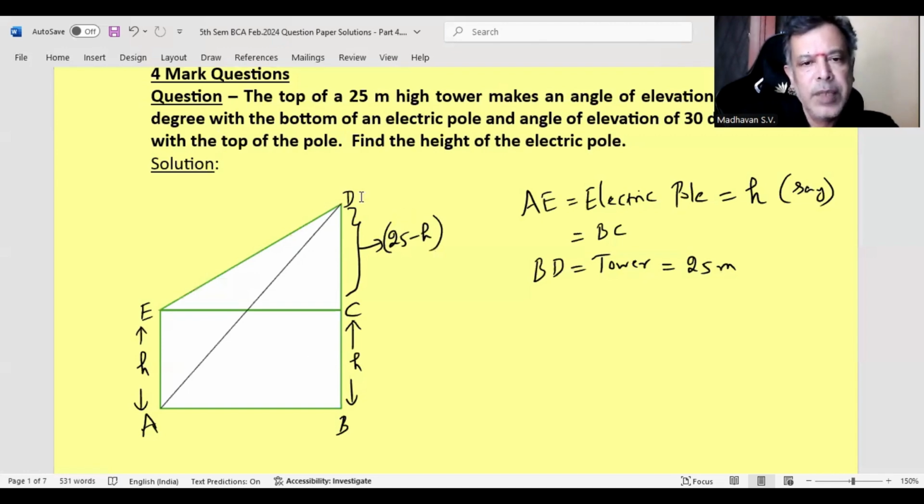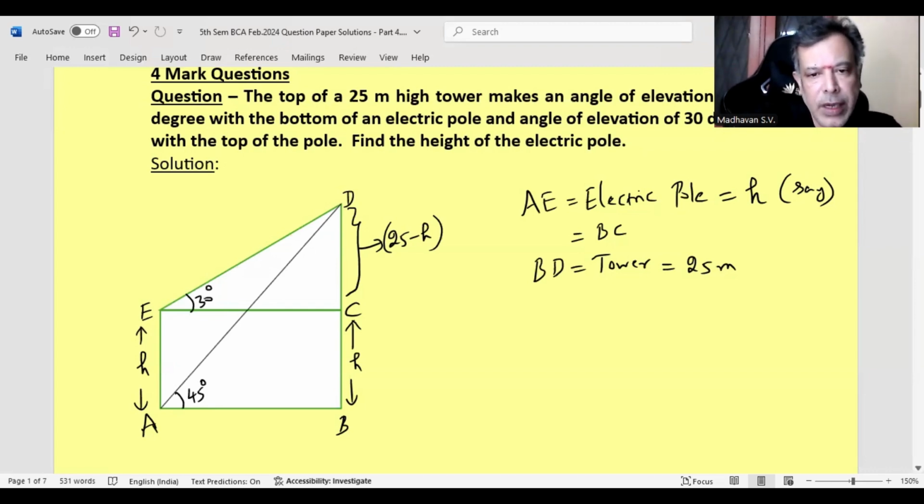From the top of the tower, the angle of elevation to the bottom of the pole is given as 45 degrees, and from the top of the tower to the top of the pole it is 30 degrees. We need to find the value of h.